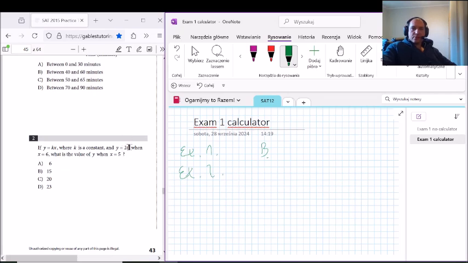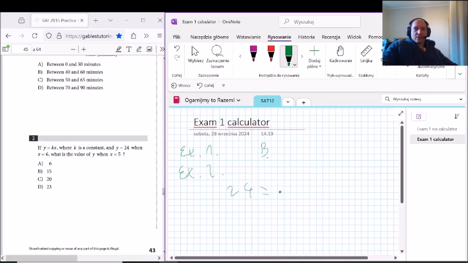We can substitute 24 for y and 6 for x, and we will get the equation 24 equals k times 6. And now we can divide both sides by 6, and we get 4 equals k. So k is 4, so our formula is y equals 4x.